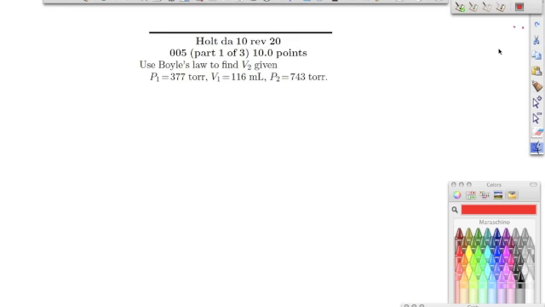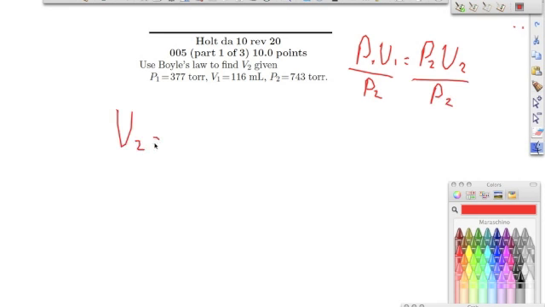Okay, number 5, it says use Boyle's law to find V2, and it already gives us our P1, V1, P2. So our equation for Boyle's law we know is P1V1 equals P2V2. And if we're solving for V2, we have to divide both sides by P2, and we get V2 equals P1V1 all over P2.